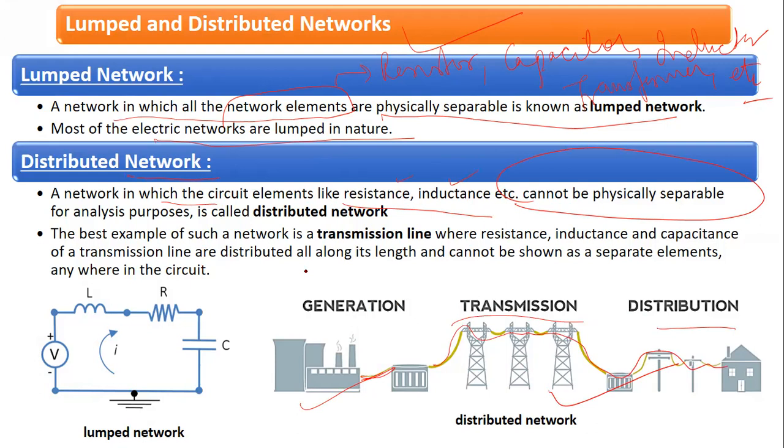So aluminum has resistivity, and these lines have a length L. These wires will have an area of cross section, so they will have resistance R equal to rho L by A. But you cannot separate resistance out of here. You don't have a resistor connected here. They possess resistance. That's the inherent characteristic of a conductor.